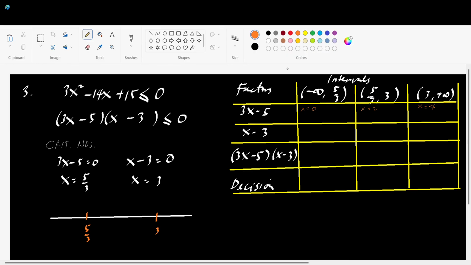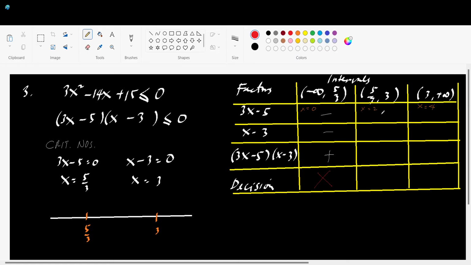Okay? We supply the signs. When x is 0, 3 times 0 minus 5 is negative. 0 minus 3 is negative. So 3x minus 5 is negative, x minus 3 is negative, the product is positive. Is a positive number less than 0? No. Okay? So it's a big no.